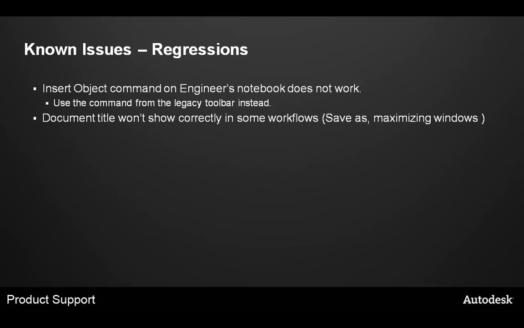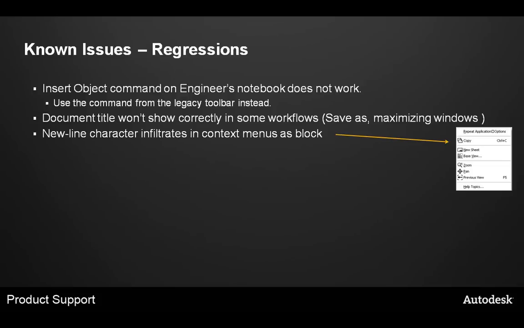The document title sometimes doesn't show up in certain workflows, like maximizing windows or doing a save as. The new line character used in a context menu shows up as a block. So you see here a context menu, and when I use a repeat command after doing application options, you see a block symbol in between the words application and options.